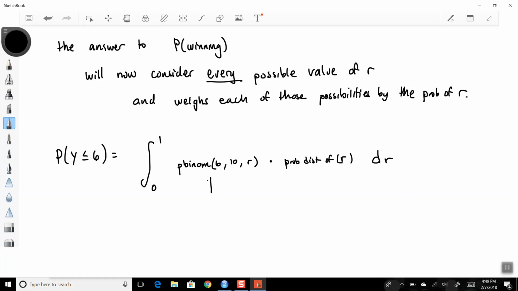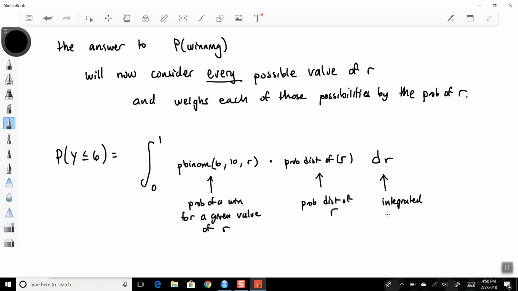So this is the probability of a win for a given value of R. This is the probability distribution of R, and this is going to be integrated across all possible values of R. And in this case, that means we go from R is 0 to 1.